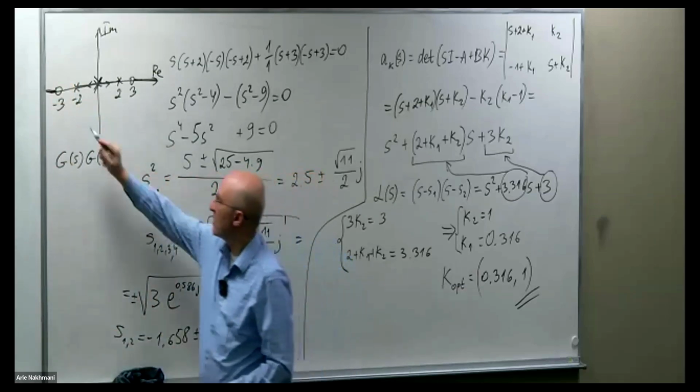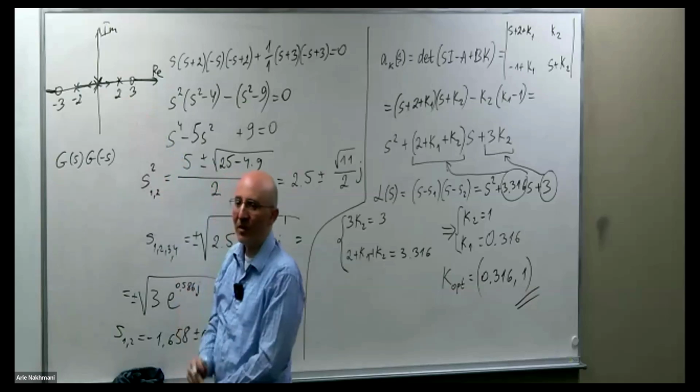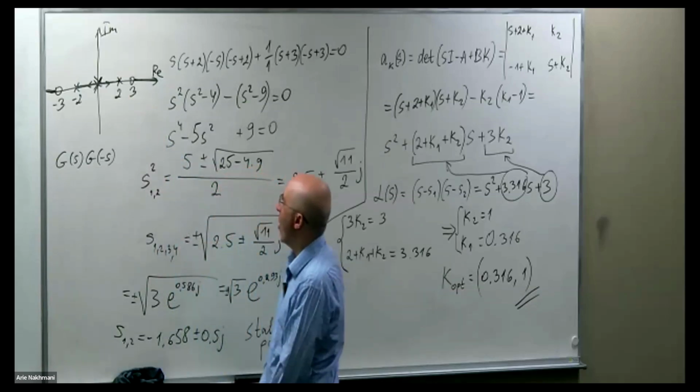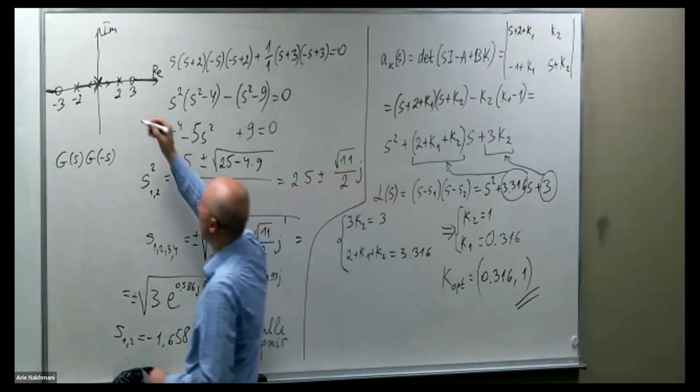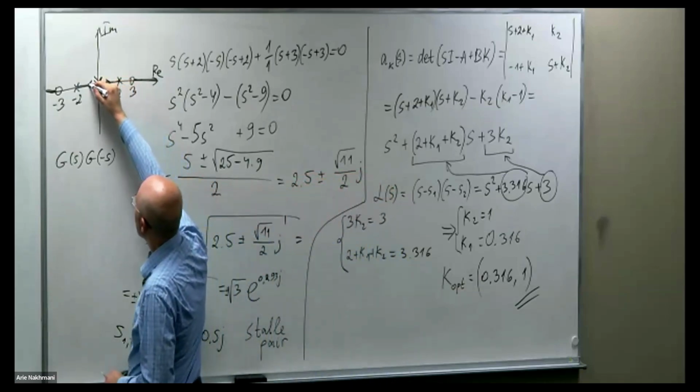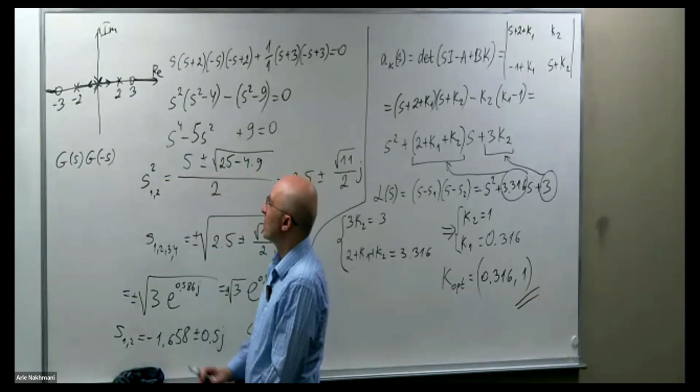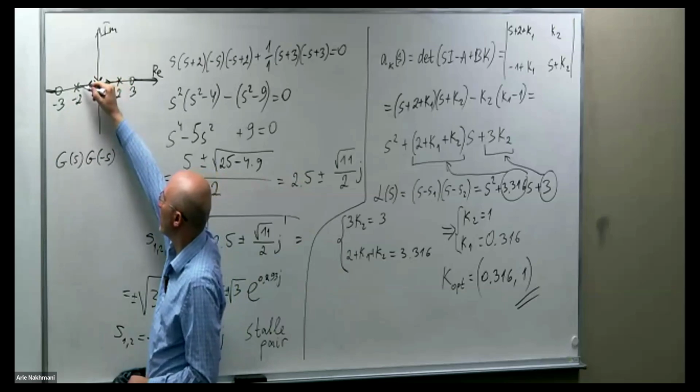But not between the 0 and pole and the 0 and pole. So they will not get to that part. So how could it look? These are moving that way. This cannot move that way, so it must move that way.